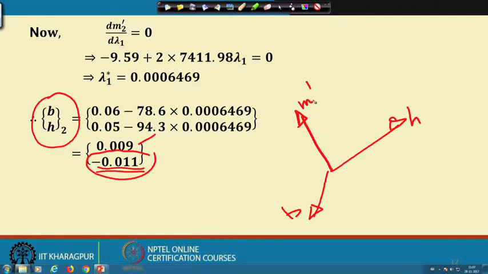Now, we can visualize the surface of this objective function, which is in 3 dimension, and this gradient is actually a local property of the objective function. Supposing that there are some undulations, ups and downs, there is a possibility that this algorithm is going to get stuck at the local minima, because gradient is a local property.